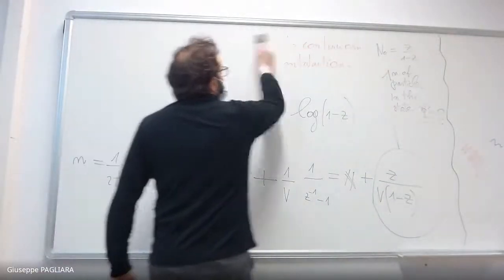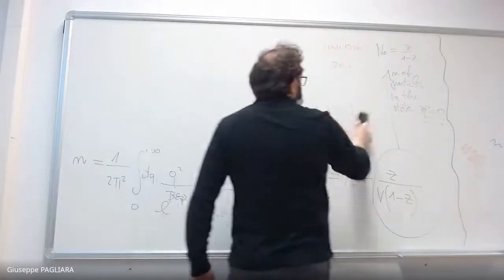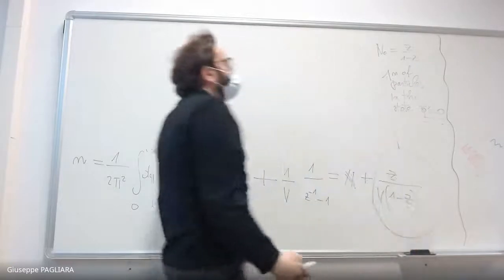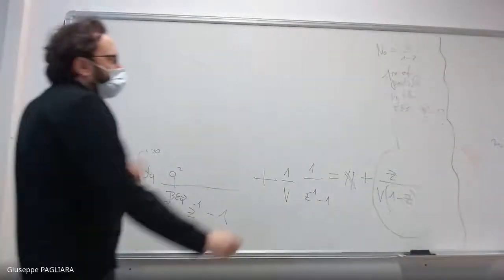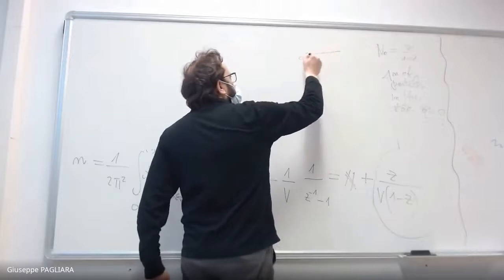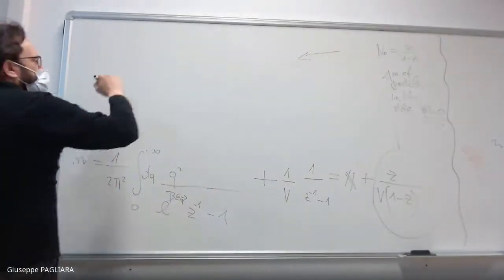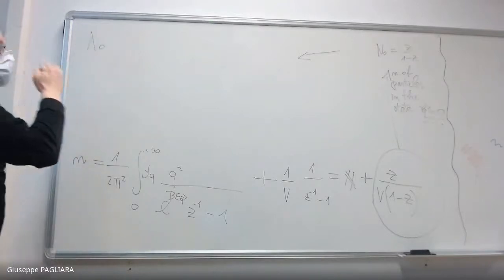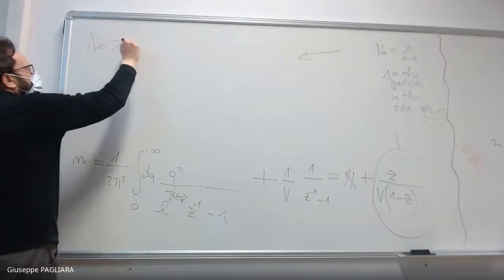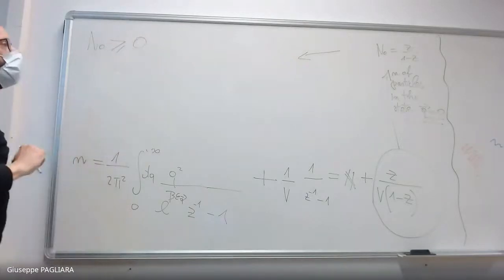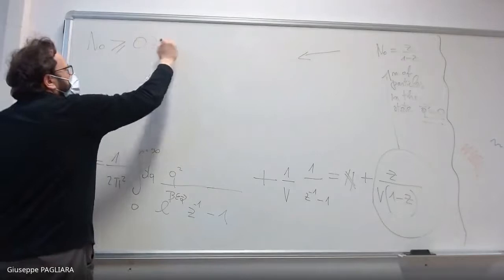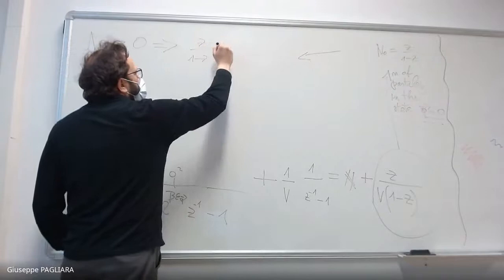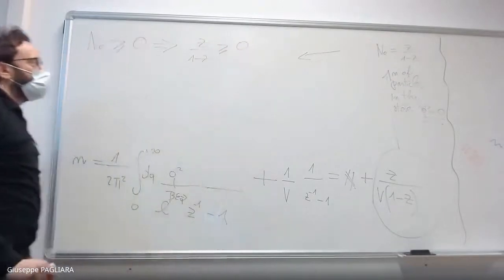And also, let me notice, at least at this level already, that we have some constraint on z from the interpretation that I got here. Now, this n0 being a number of particles in the ground state must be larger than 0. Therefore, z divided by 1 minus z must be larger than 0.